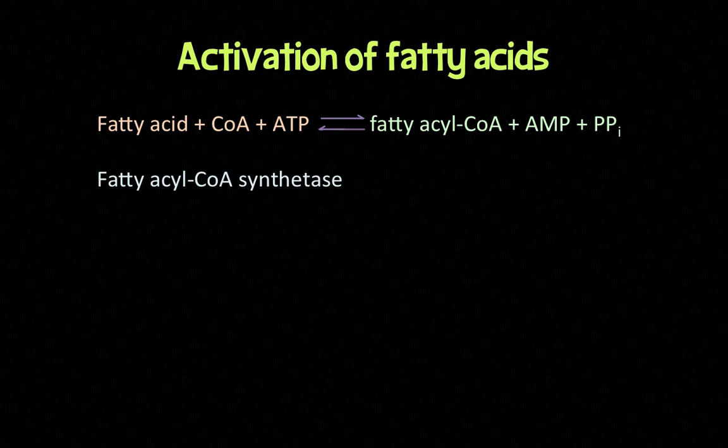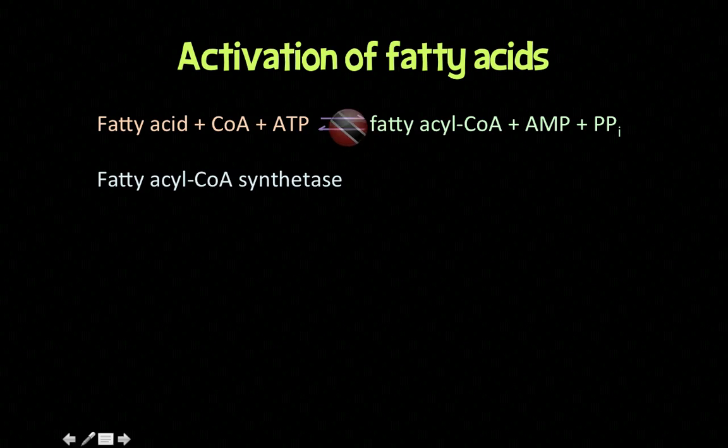But there's something else we need to consider, and that is that in beta oxidation, it is not the fatty acid that is entering beta oxidation. It's indeed the fatty acyl CoA. In other words, we have to activate the fatty acid, and this is the typical reaction for the activation: fatty acid plus CoA plus ATP to give fatty acyl CoA plus AMP plus PPi.